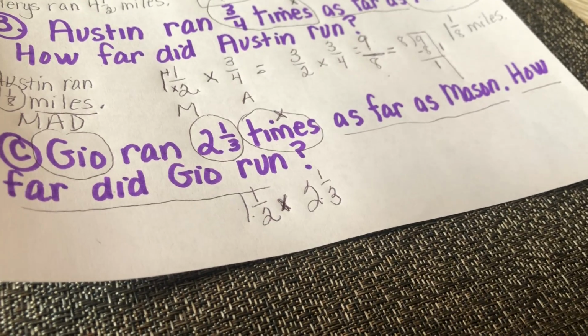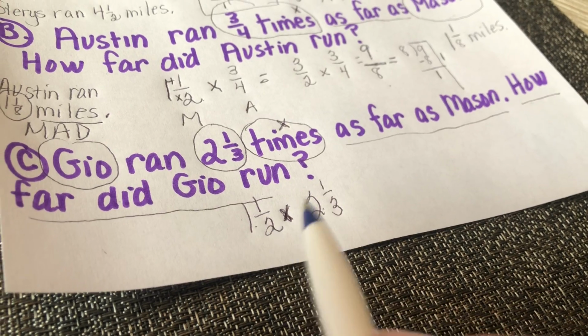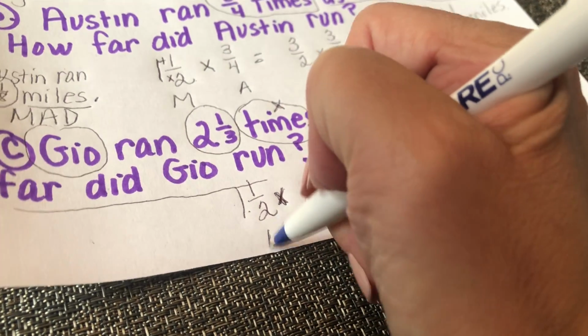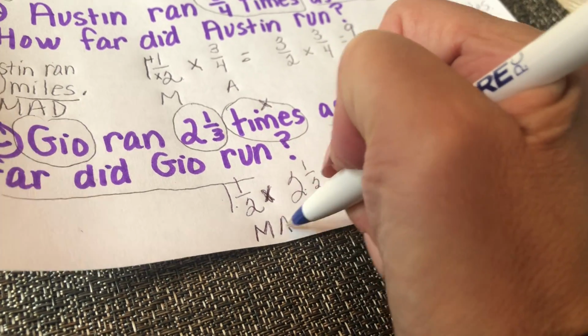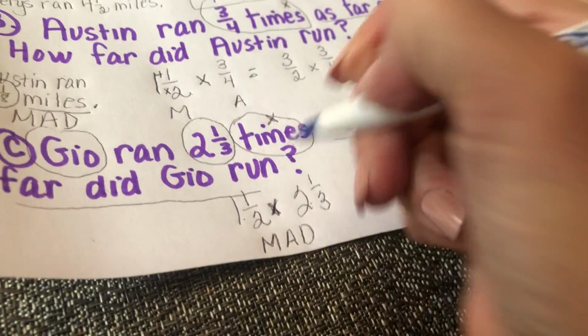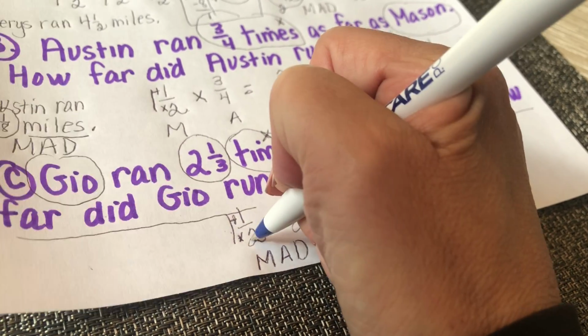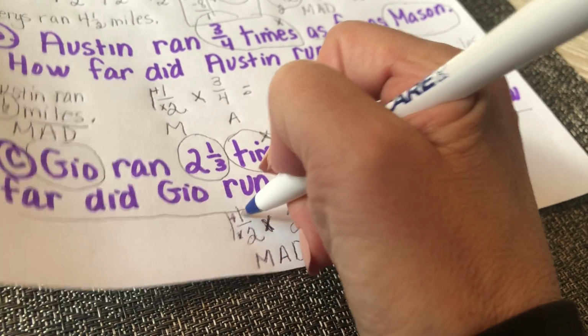So now we have two sets of mixed numbers that we need to change into improper fractions using our method of MAD. So it's 2 times 1 plus 1. 2 times 1 is 2, plus 1 is 3.